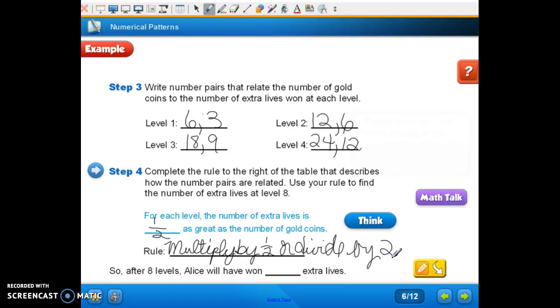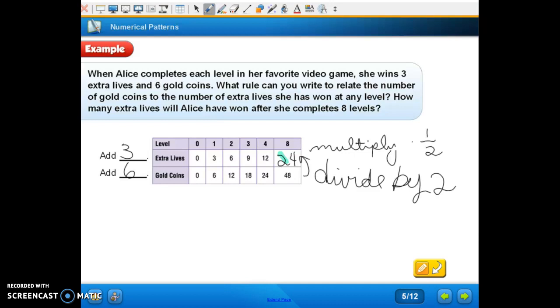So after 8 levels, Alice will have how many extra lives? So let's go back quick and look at our chart. 24. All right, 24 and 8. And how would we have gotten 48? We would have had to multiply 6 times 5 would have been 30, right? 6 times 6 would have been 36.